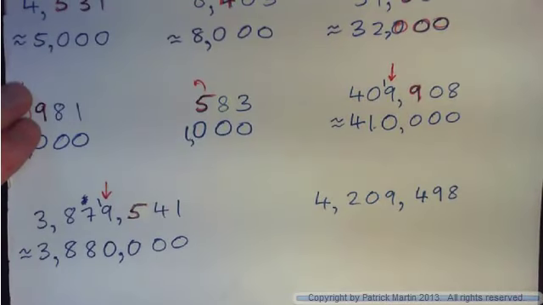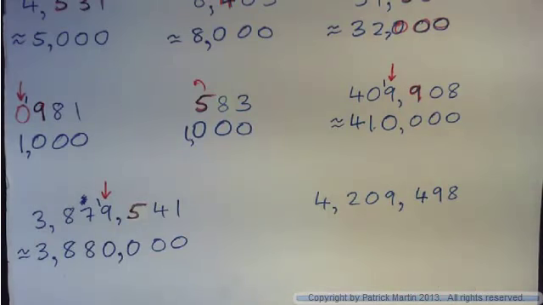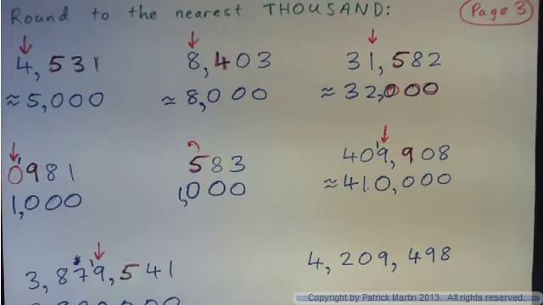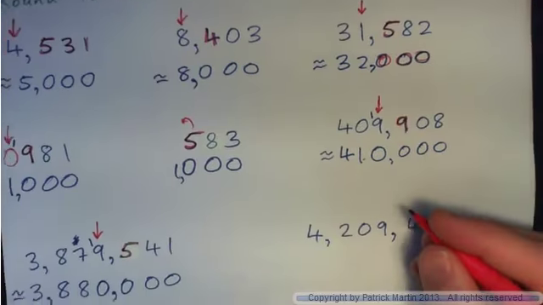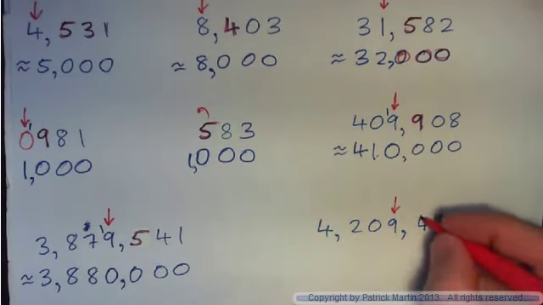How about this guy? Round this to the nearest 1,000. Press pause if you need more time. Round this guy to the nearest 1,000. So in the 1,000 spot, we have this digit here, 9, right? After that is a 4.